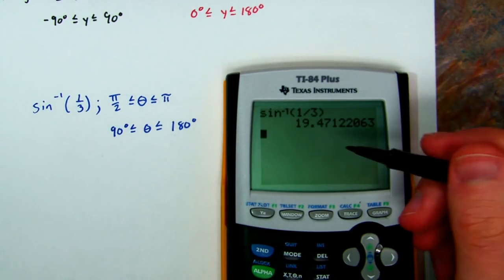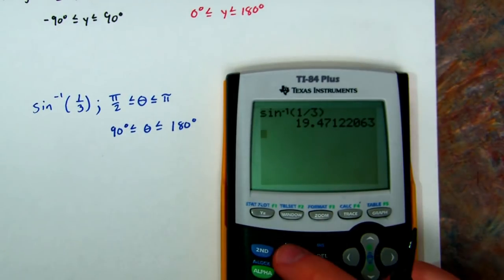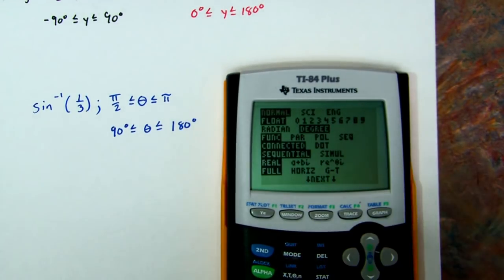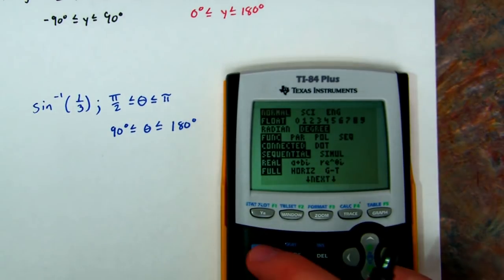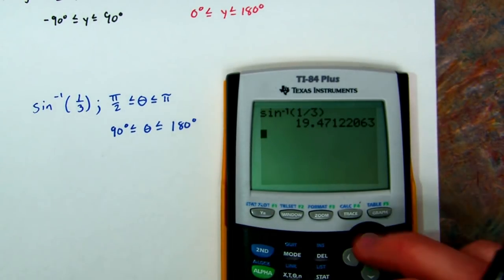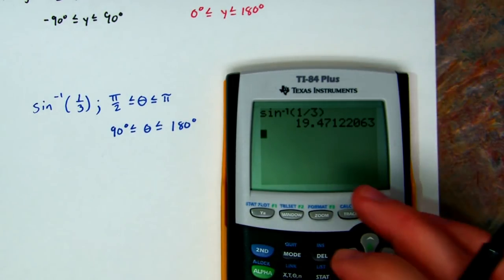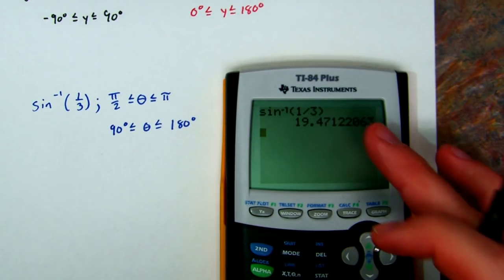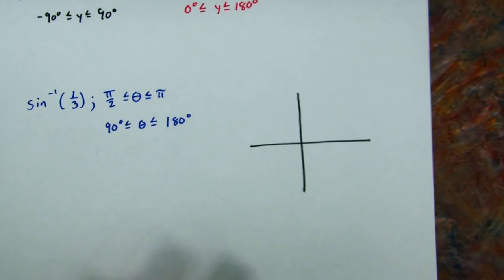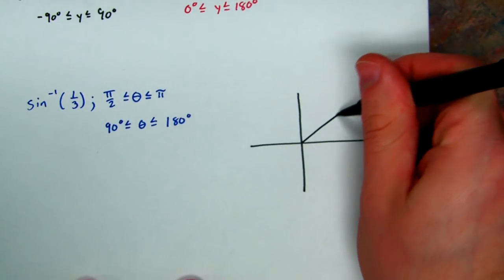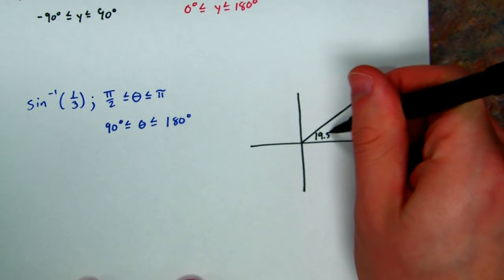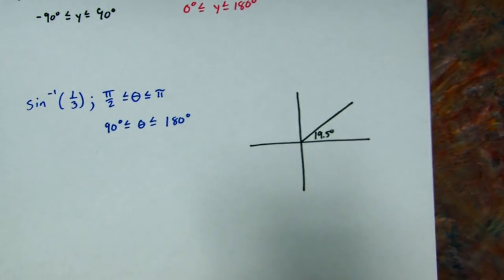Just a suggestion: when you're doing this on your calculator, I suggest putting it in degree mode, because I can work a little bit easier with degrees than radians. So I see here that my angle is approximately 19.5 degrees, and this is in quadrant 1.